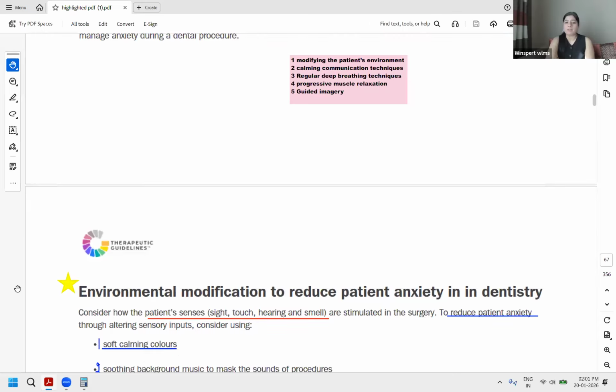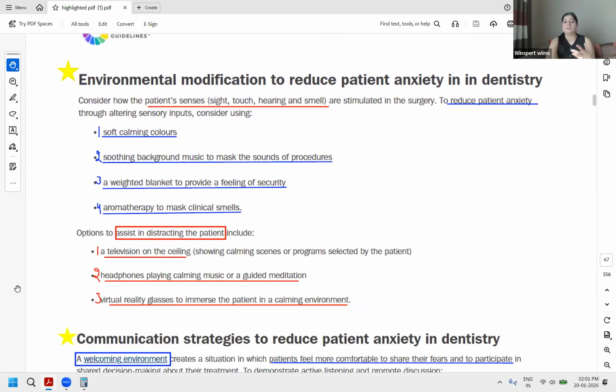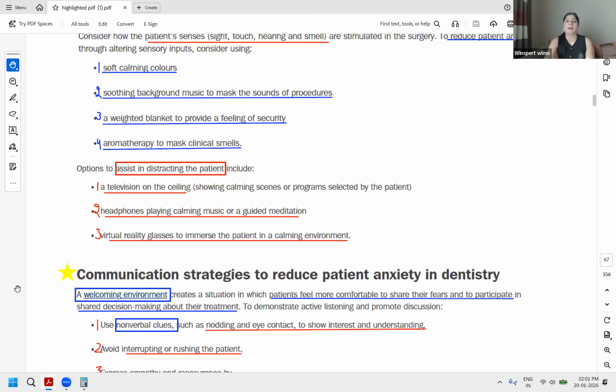Environment modification includes using soft calming colors, soothing background music, a weighted blanket to provide a sense of security, and aromatherapy to mask the clinical smells. Distraction can be achieved by television, headphones with music, or virtual reality glasses.